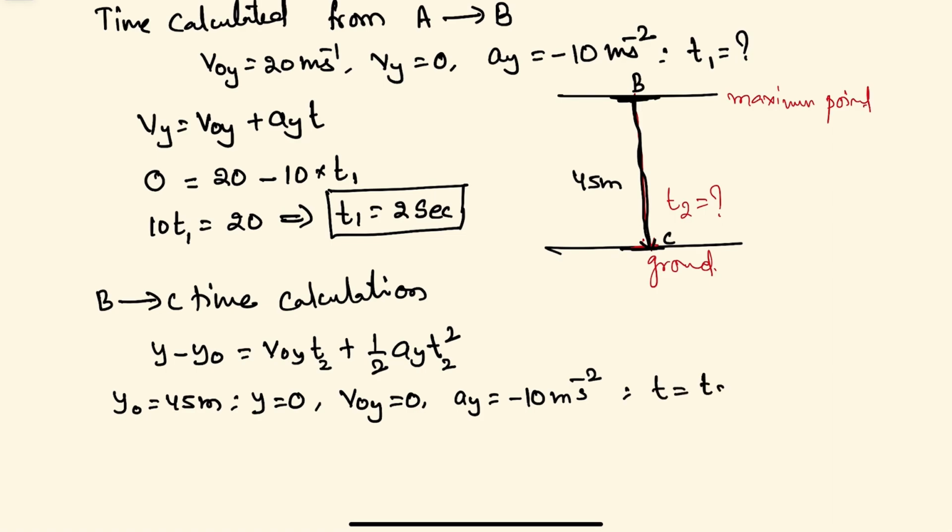Substitute here and you will get it: 0 minus 45 is equal to 0 plus half into minus 10 into t2 squared.